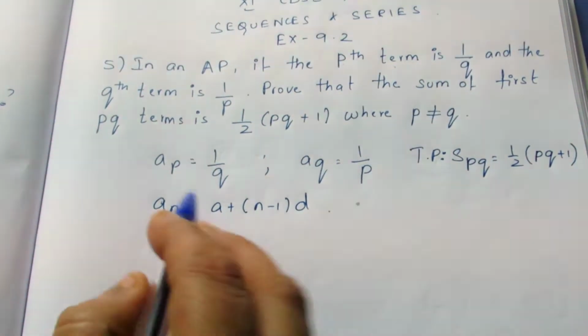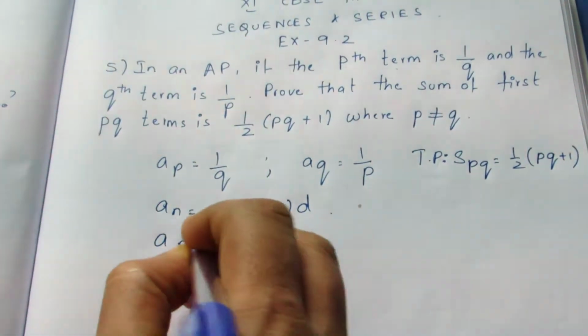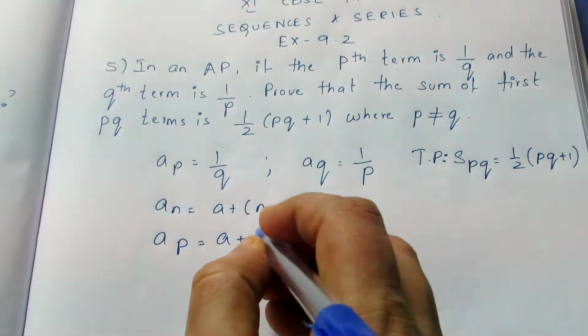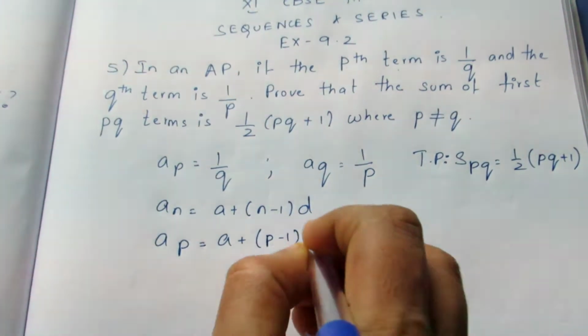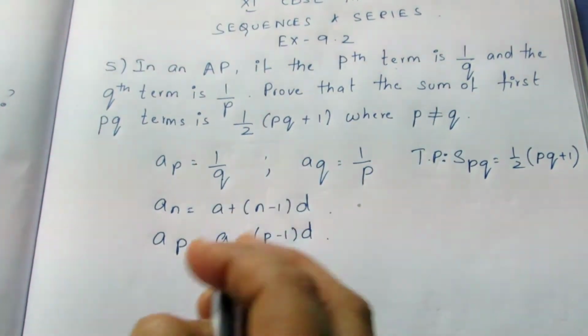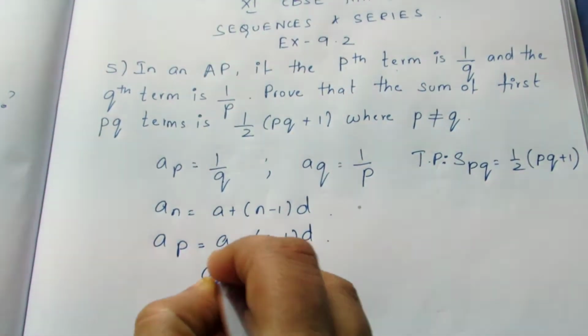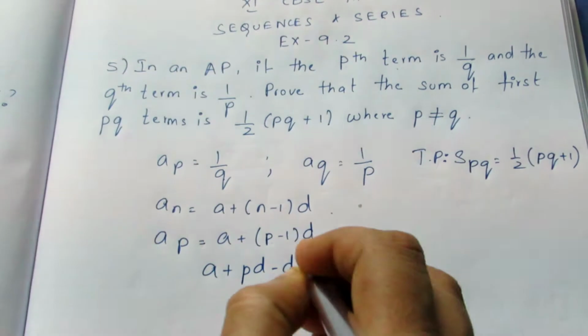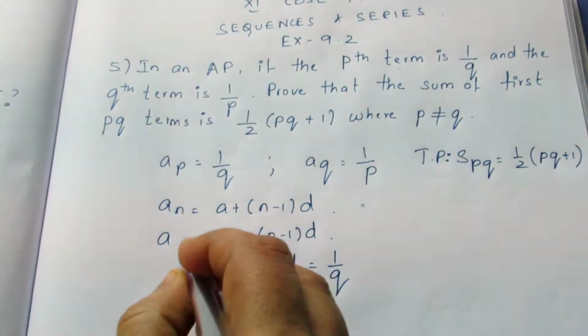The same way here it is AP, so a_p is equal to a plus, instead of n we have p here, so a plus (p minus 1) into d. Instead of a_p we can write 1 by q. So a plus, multiplying d inside, pd minus d is equal to 1 by q.